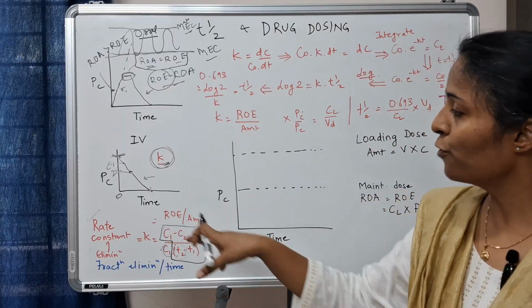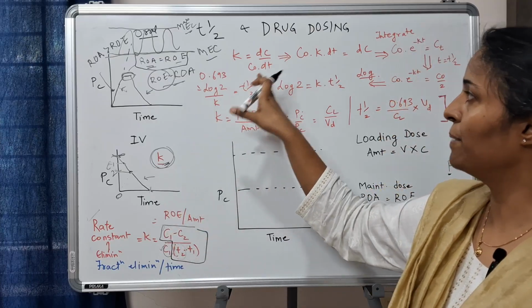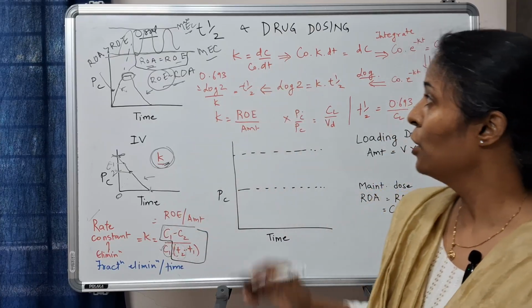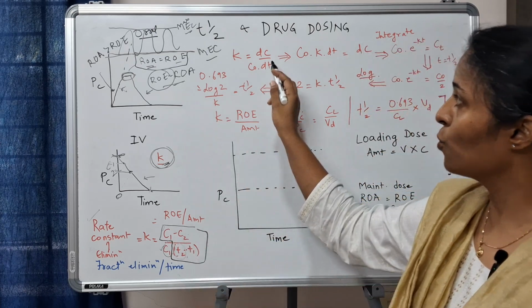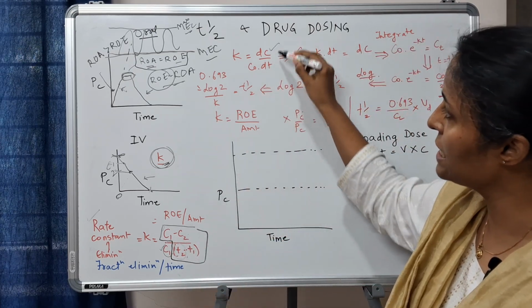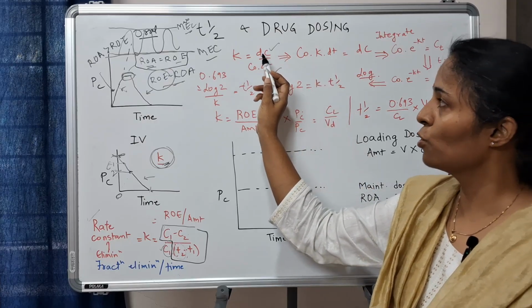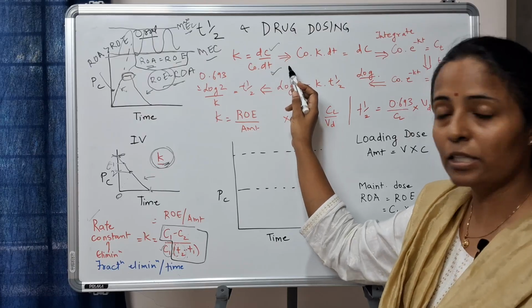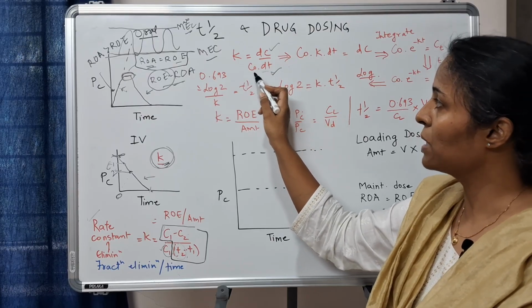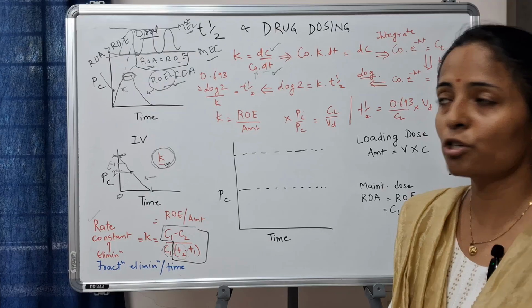Right? Now from this K we can determine the T half. This K we have said is the fraction eliminated per unit time. So we can also write it as dC by dt. Okay, so that is the delta change in the concentration divided by the delta change in the time, and this has been multiplied by the original concentration of the drug.